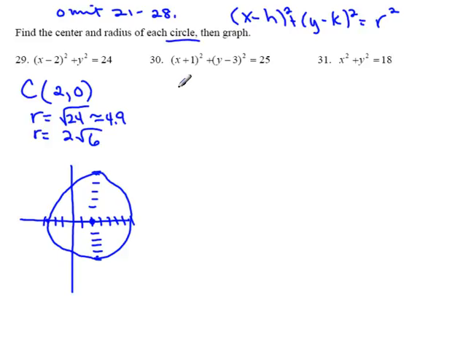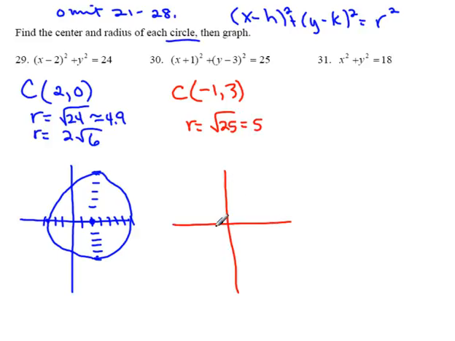Number 30. The center, the opposite of the x value would be -1. The opposite of the y value would be +3. The radius is the square root of 25, which is 5. So plot the center, -1, 3, and then move up 5, left 5, right 5, down 5, and draw a smooth curve.